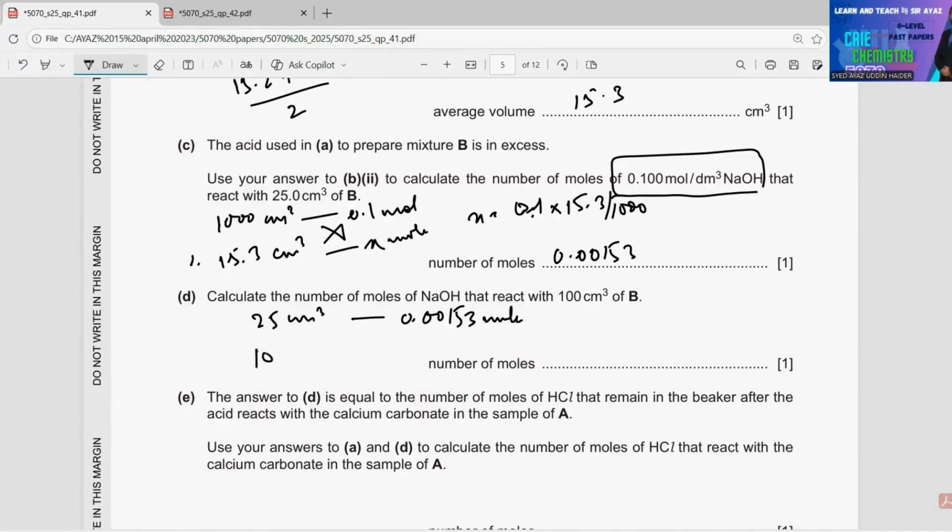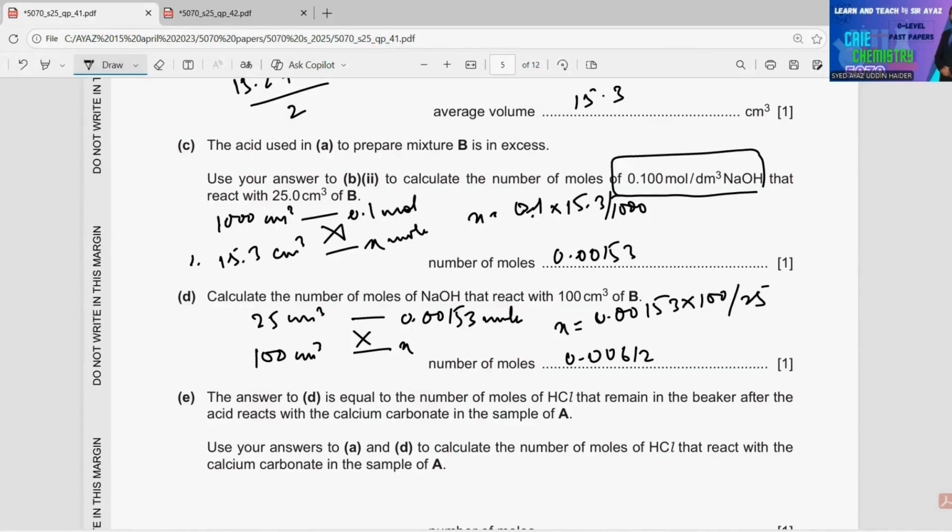So 100 cm cube reacts with X moles. So X is equal to 0.00153 multiplied by 100 divided by 25. So the answer must be 0.00612 moles.